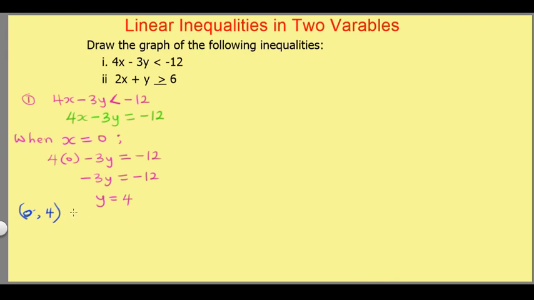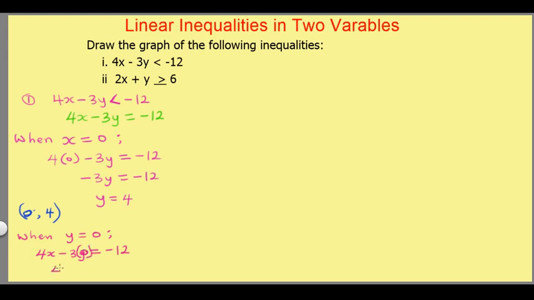To get the value of x when y is 0, we say when y equals 0, we can determine the value of x: 4x minus 3y is equals to negative 12. Remember, we say y is 0, so this place takes the place of 0.